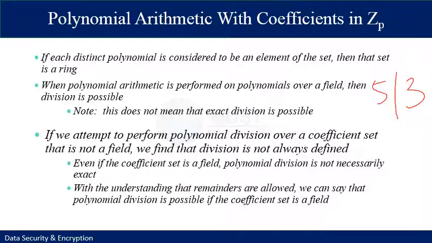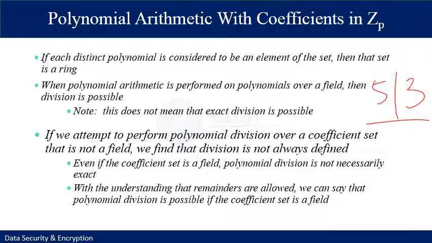If these numbers are taken from a set S, and S is the set of rational numbers, which is a field, then the result is simply 5/3, and that 5/3 is part of the field, so it is also an element of the set S.